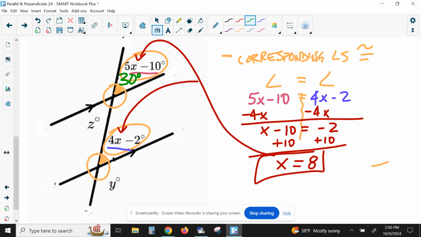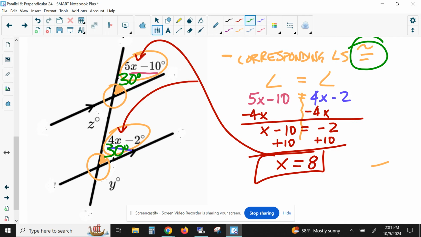Is that a reasonable answer for that angle measure? Sure. Now remember, pictures do not have to be drawn to scale, but you can't get something like 250. That doesn't even make sense, right? So we'll have some common sense. Down here, 4 times 8 minus 2. 30. Is that what we wanted? Yes. We wanted them to be congruent because we said so, right?